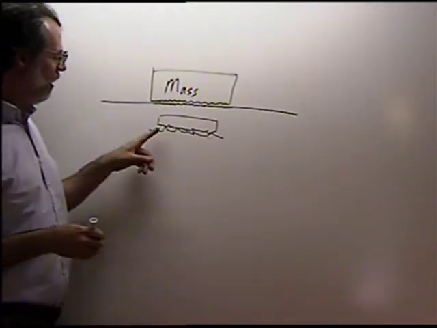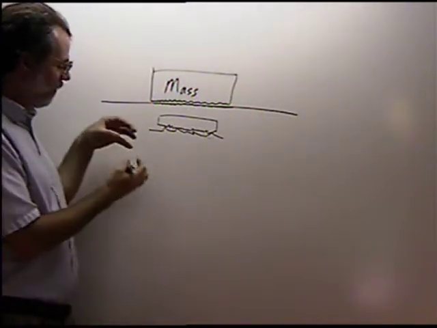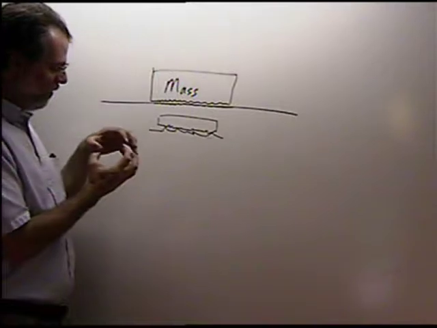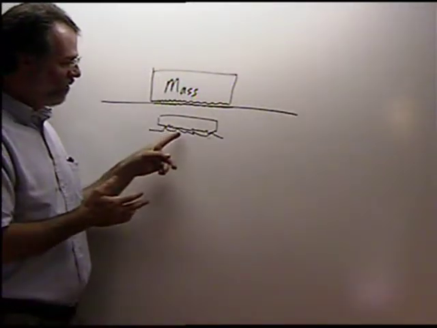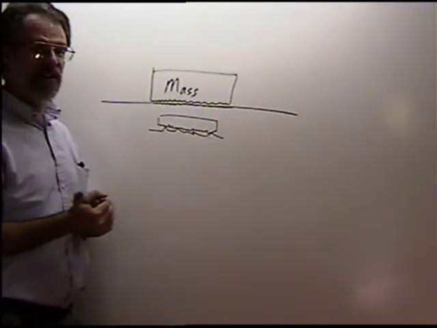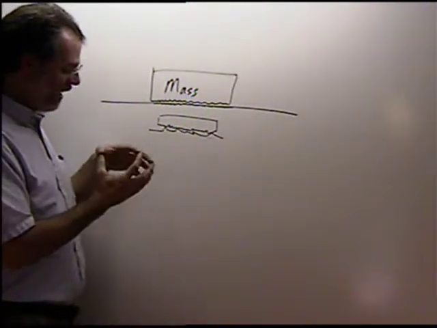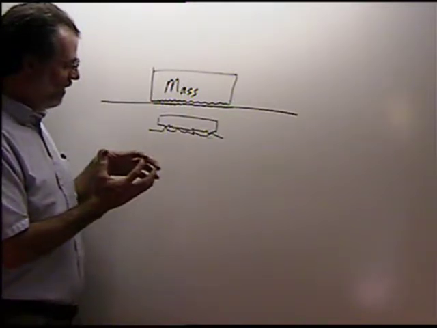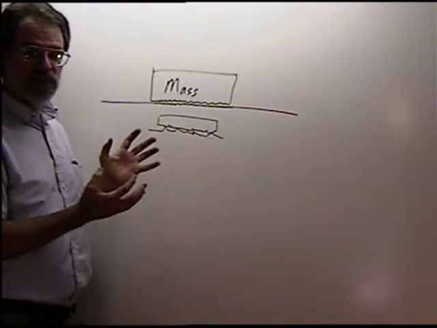Notice that at some microscopic scale, these two surfaces don't look so smooth anymore, and we have points of contact, and these points of contact may grab each other. That's what's causing friction.